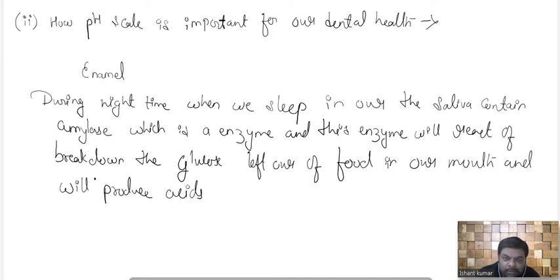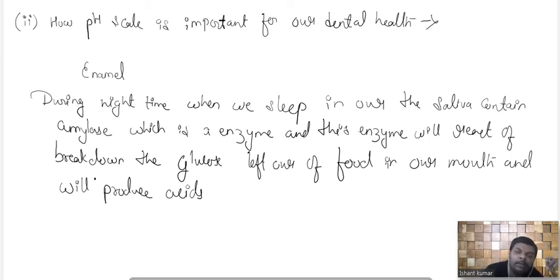If we are not washing our mouth well with water or any mouth gargle after eating, some leftover will be present in our mouth. The amylase present in our saliva will react with that leftover, and it will produce acids there.